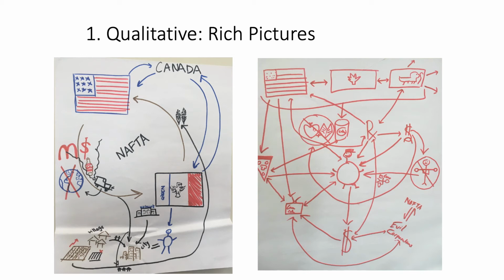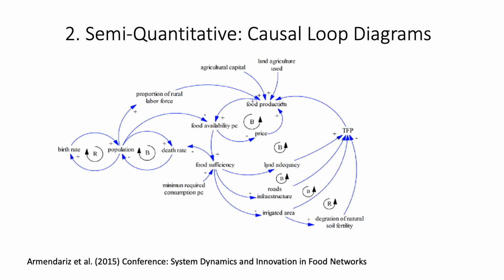And then using our rich pictures model, we can create a semi-quantitative model where we can use many of the components we've identified from our qualitative model and import that to a semi-quantitative model, and then use values and data from the literature to help us understand the quantitative relationships between those components that we've identified in the previous model.